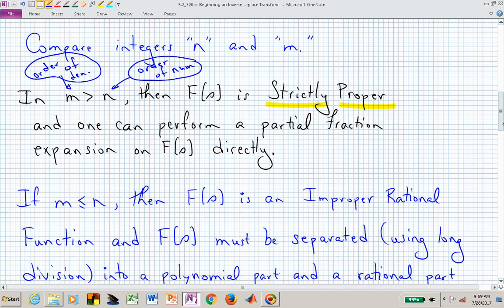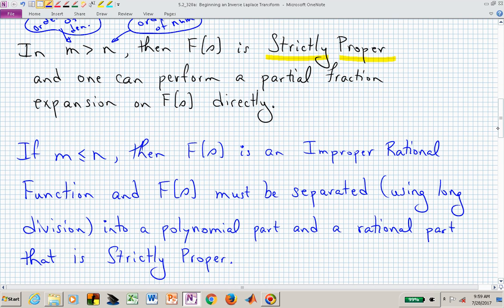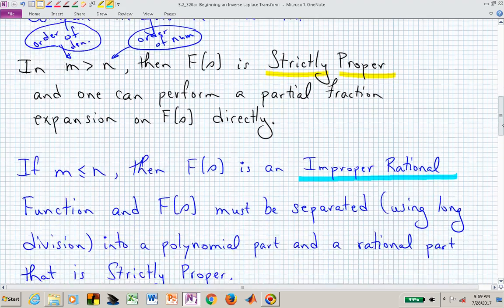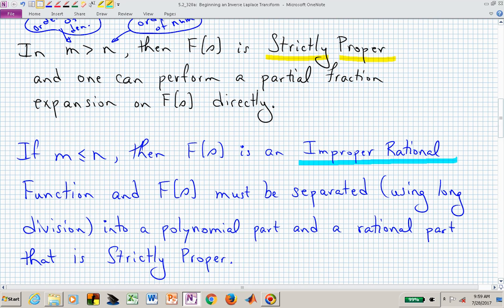If, on the other hand, it's not, then we give that transform expression, capital F, a different term. It's improper when the denominator polynomial is less in order than the numerator polynomial.